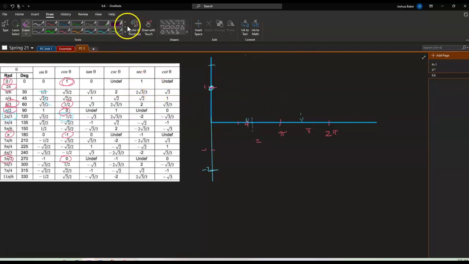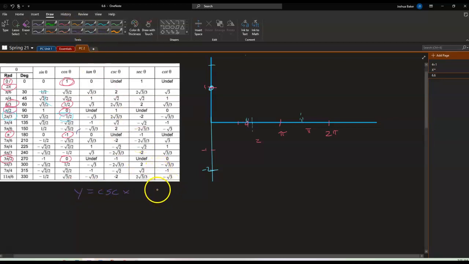Okay. So now we're going to do, in purple, y equals the cosecant of x, which we know is related to the sine of x, because these two things are reciprocals of each other. All right. So I'm going to use a similar mentality here.